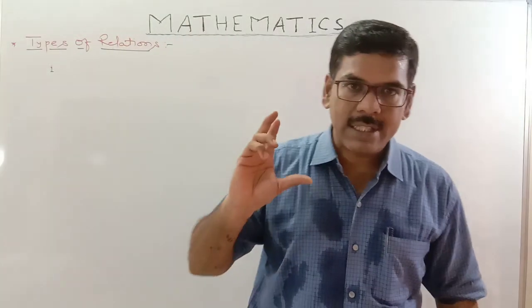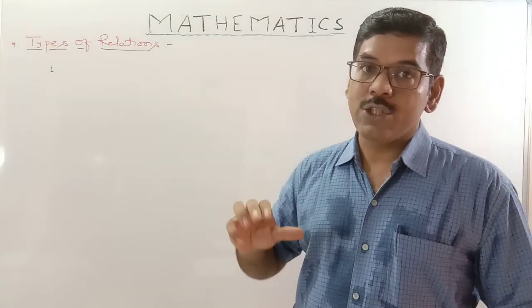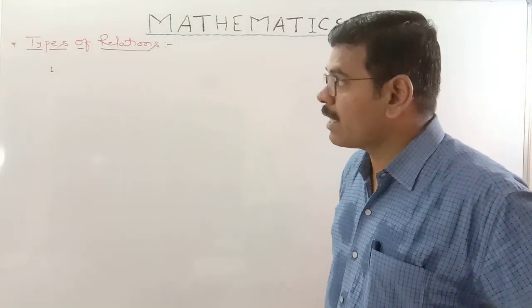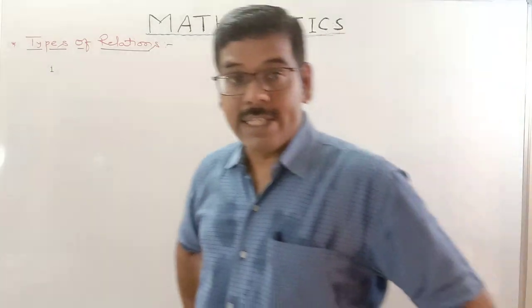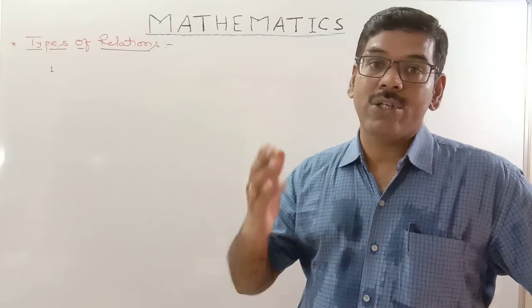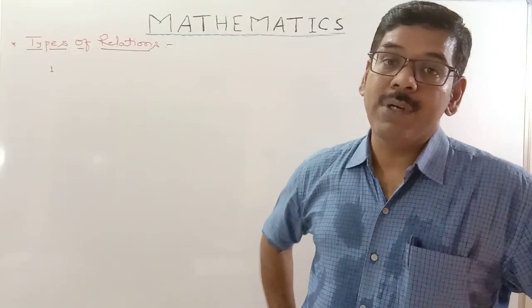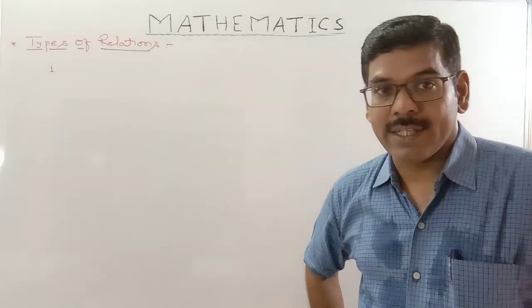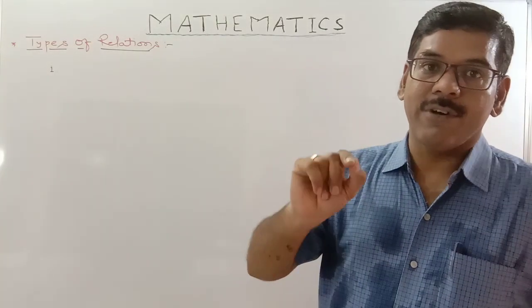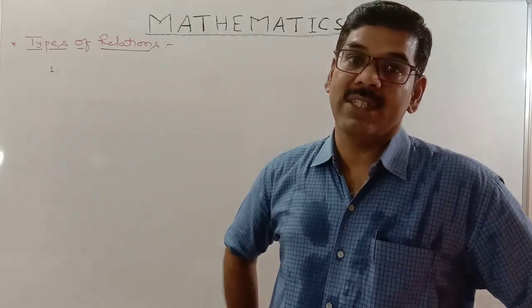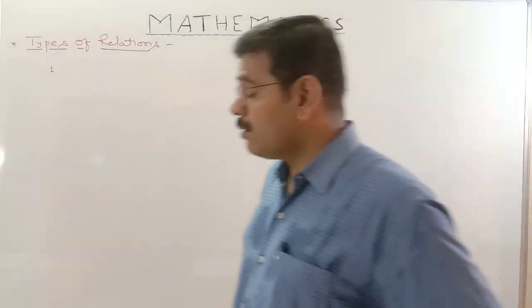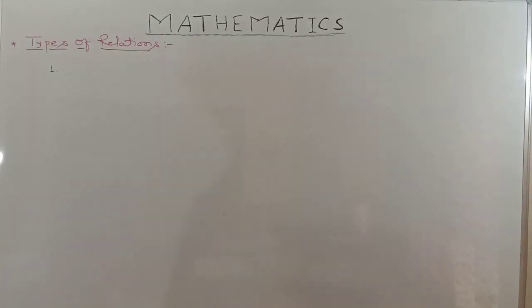Universal in the sense the same as the Cartesian product, which contains all the elements, is called the universal relation. And the second is identity relation. Identity relation in the sense every element of set A is related to itself. 1 1, 2 2, 3 3, 4 4, 5 5, 6 6. This kind of relation is called the identity relation. So those two relations you have studied in class 11th.